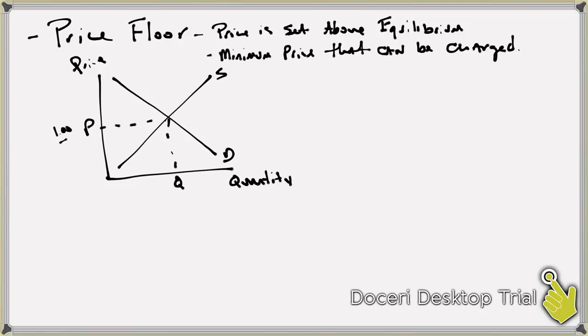And now the government's going to step in and they're going to implement a price floor. They're going to try to help the bakers out. So we're going to draw a line that is above equilibrium. And we're going to label that PF for price floor. And let's say that that price now is $1.50.